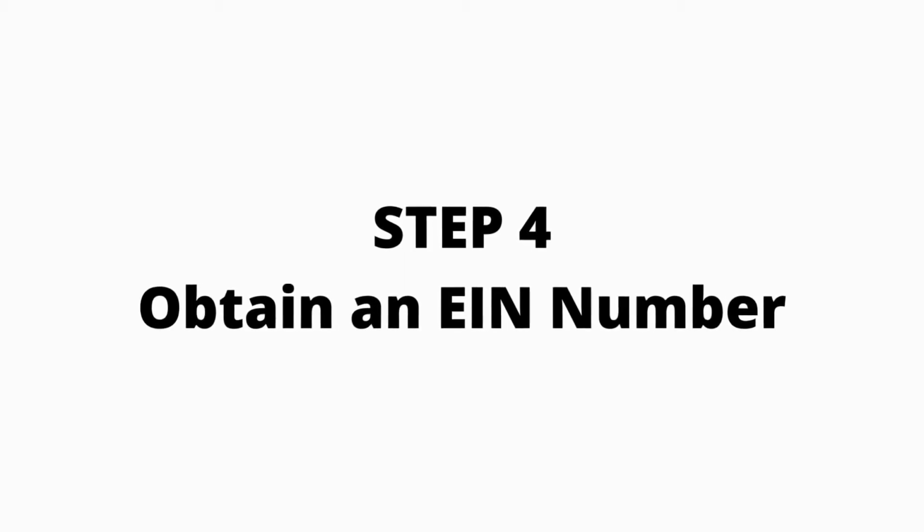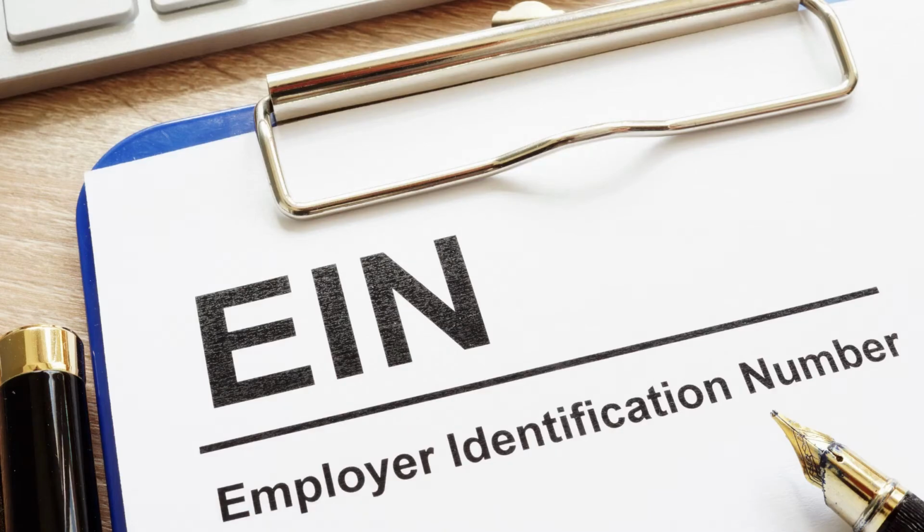Step number 4, obtain an EIN number. An EIN, or Employer Identification Number, is a unique 9-digit number that identifies your business for tax purposes. It's similar to a social security number, but it's meant for business-related items only, and it's used by the IRS to identify your business.